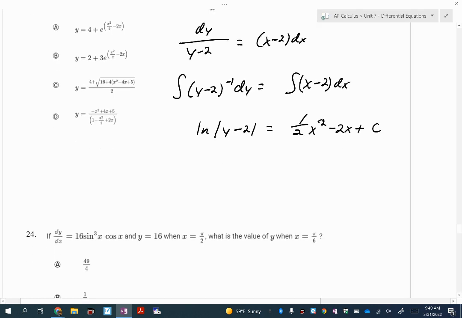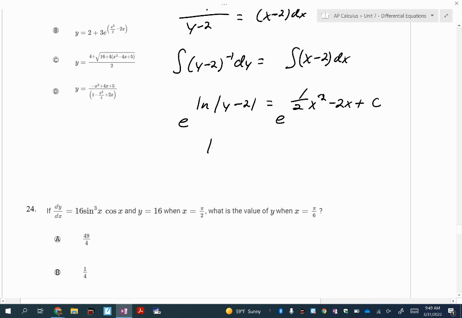Similar thing that I just did before. I'm going to take each of these and make them powers of the natural exponential function to give me the absolute value of y minus 2 equals e to the 1/2 x squared minus 2x plus c. Now, this is what I was trying to mention on the previous problem.